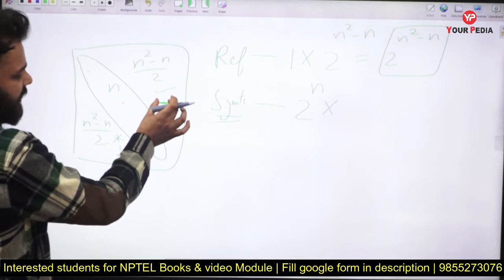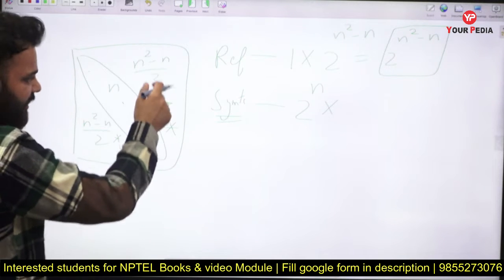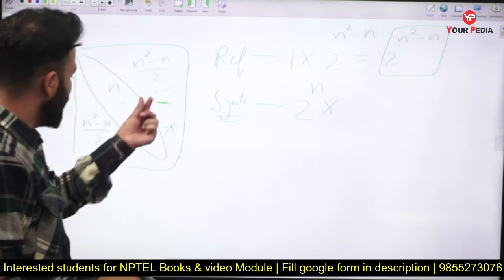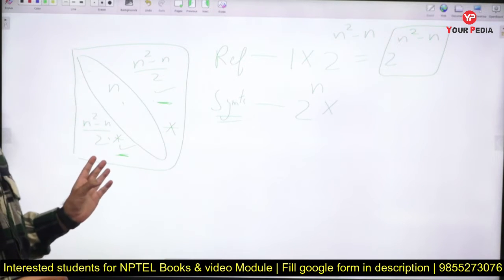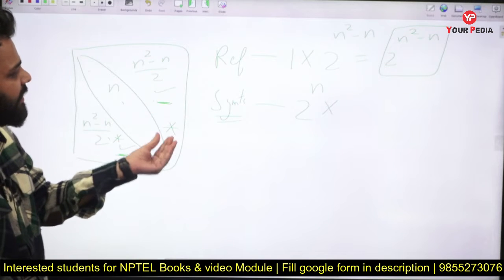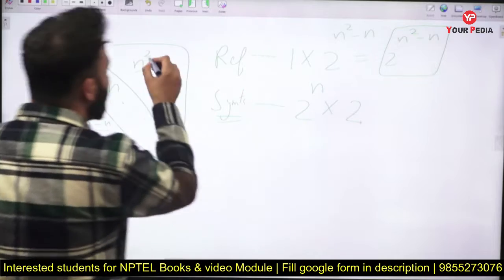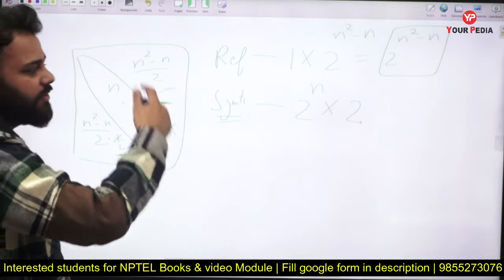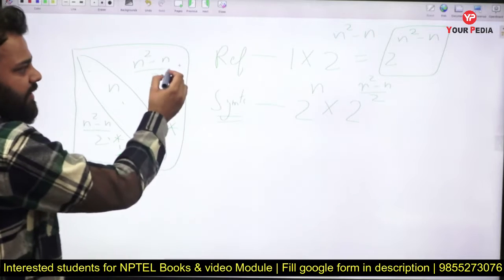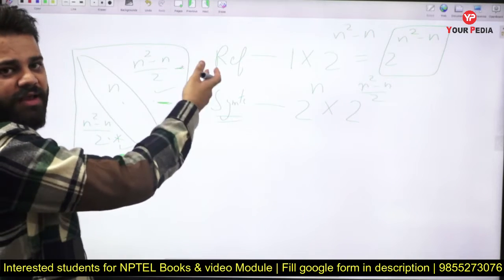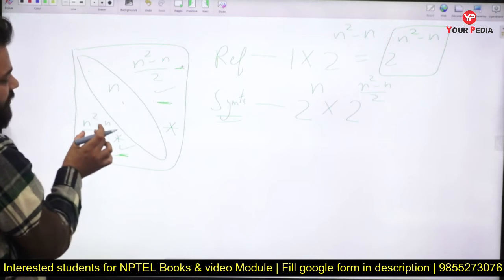So again, the choice for this, whatever choice this element takes, will affect the choice of this. So they will not have an independent choice. Only choice the elements will have are the upper elements. So all these elements will have two choices, whether to come or whether not to come, 2 raised to power n square minus n by 2, and depending on their choice, whether they are present in the relation or not, the decision of this will be affected.